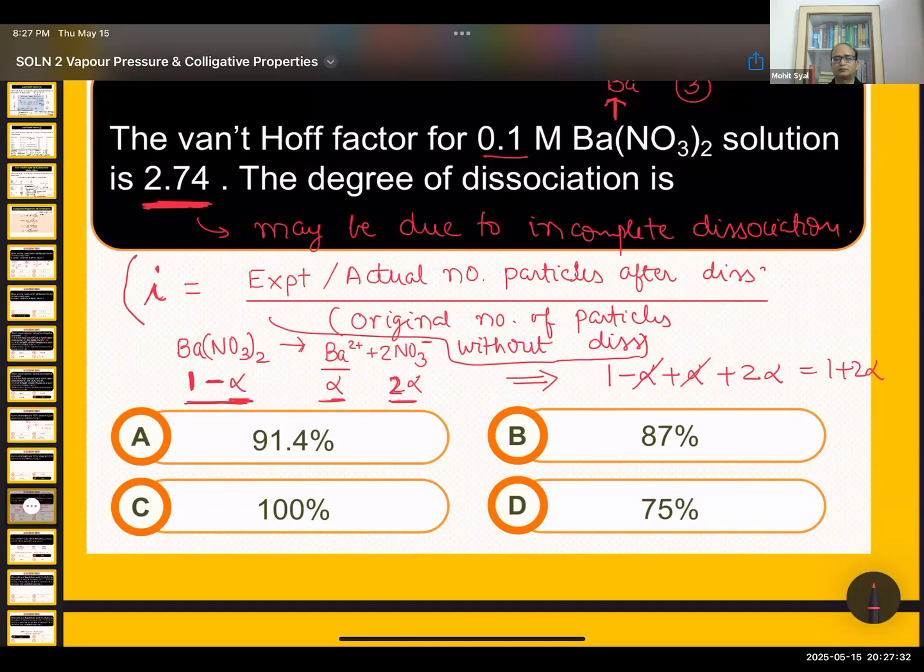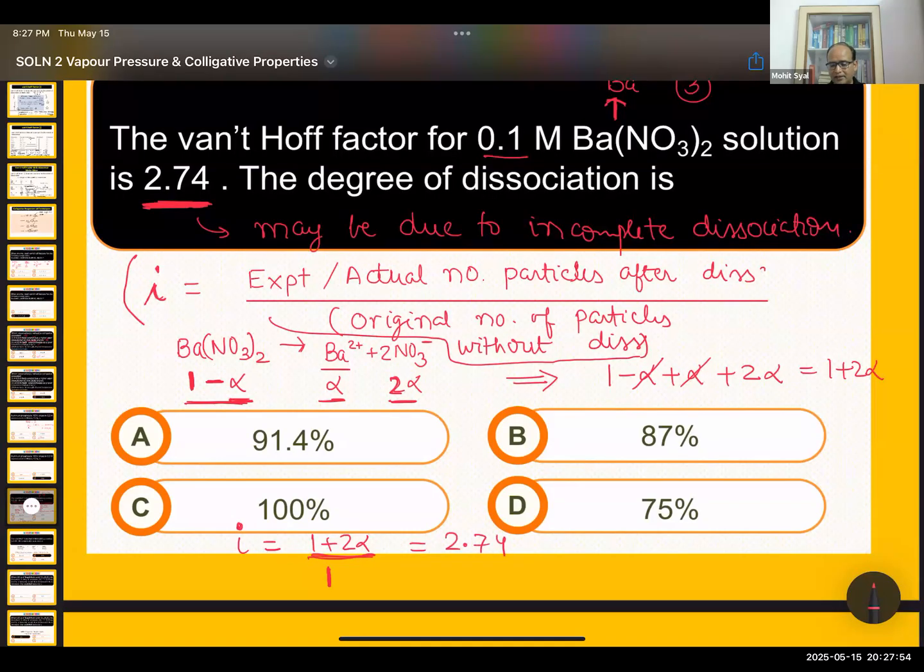Yes, sir. Okay. So I is final number of particles, 1 plus 2 alpha, divided by original number of particles with which you started, 1. This is going to be I, and that is 2.74.